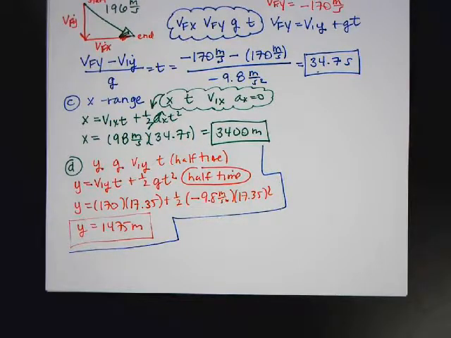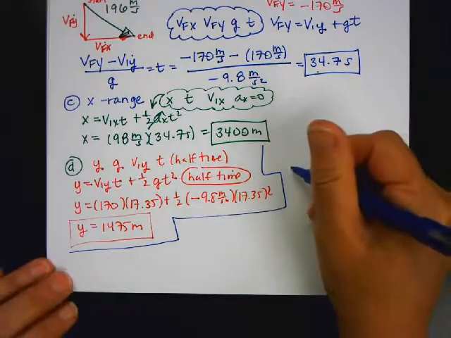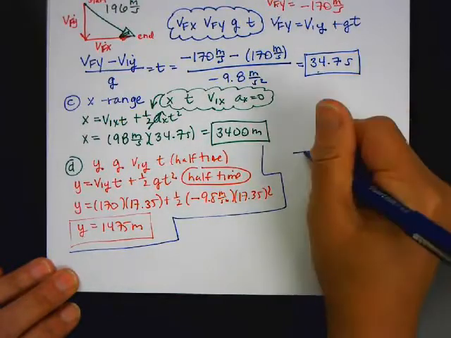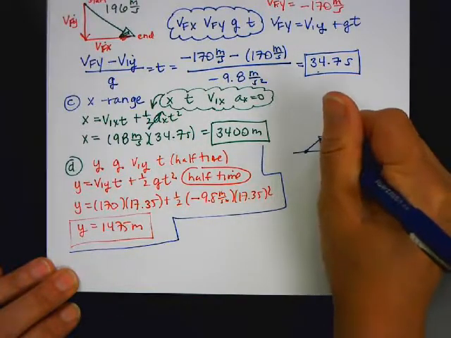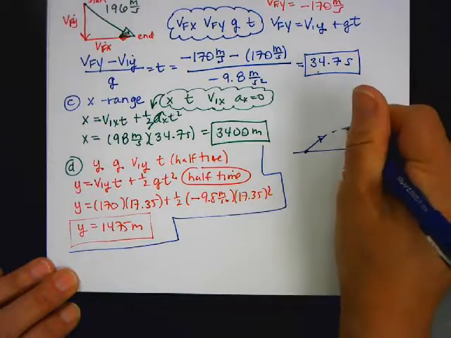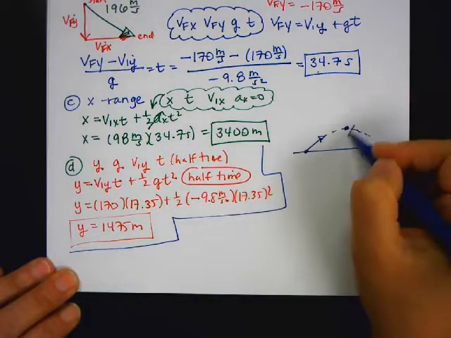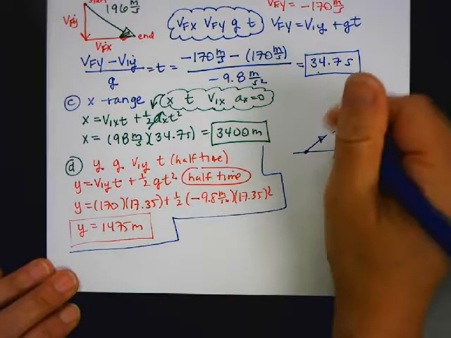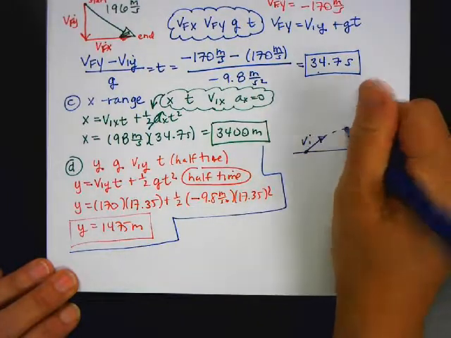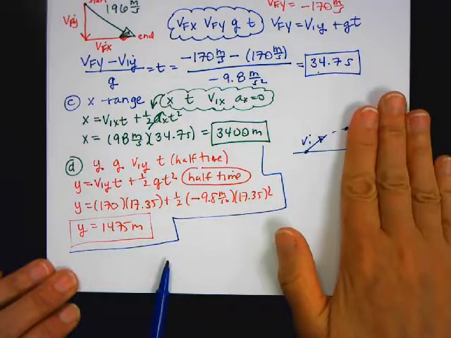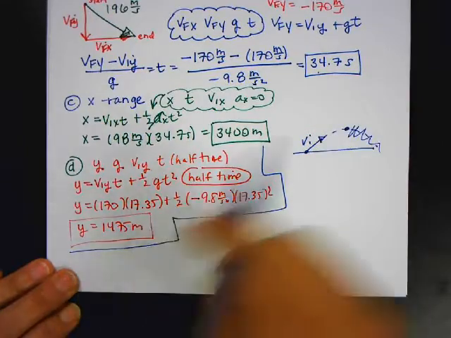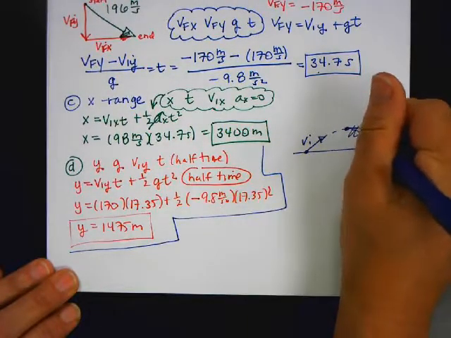The other way is, okay, I'm going to look at my picture, and I'll just draw it here. So if this is my vector and it goes like this is half the time. So let's just forget about this. This is VI. At this point, at the peak, my final velocity looks like this.